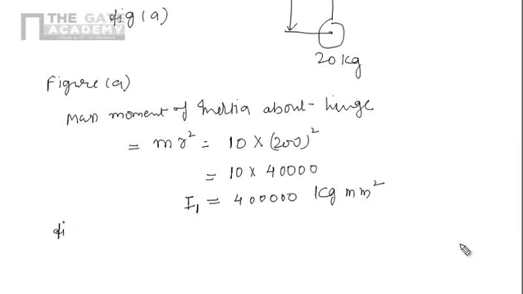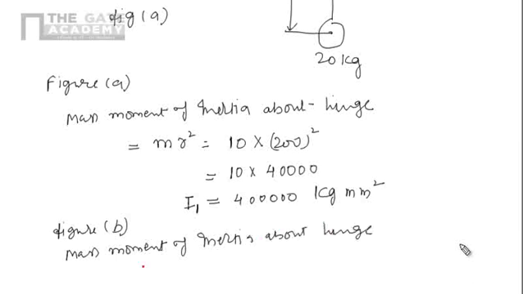Similarly, we also calculate for figure B, that is the mass moment of inertia about the hinge. So there are two masses. We calculate 10 into 200 square plus 20 into 100 square.